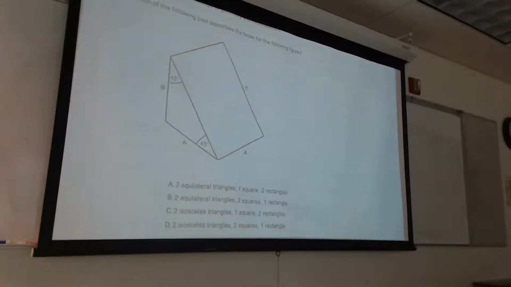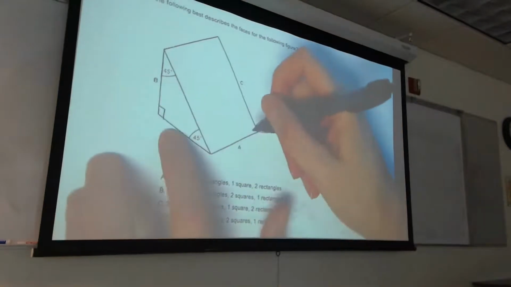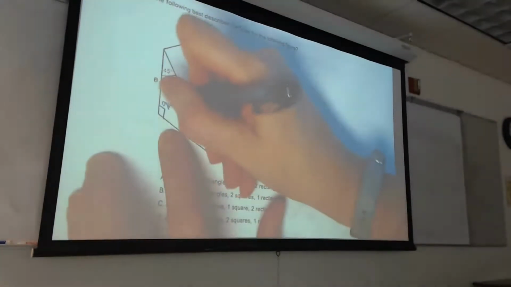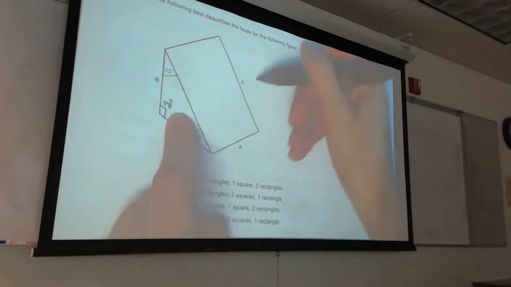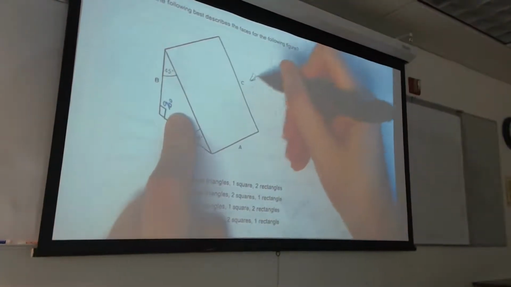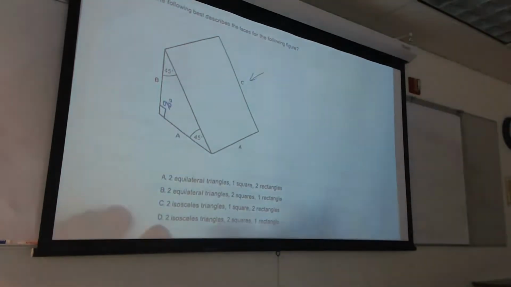Because remember, isosceles, an icicle, 2 are the same. What is this one if those are 45? Just put it in there, just because. This is a 90 degree. So this is isosceles, and therefore there's one over here on this side, right, that also is isosceles. So 2 isosceles. So they're not equilateral, so it's not A or B.